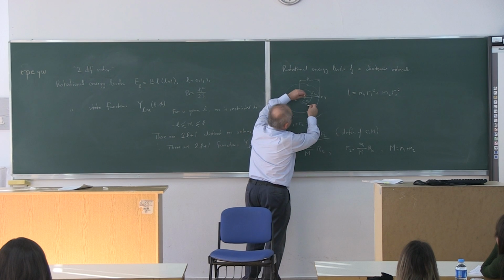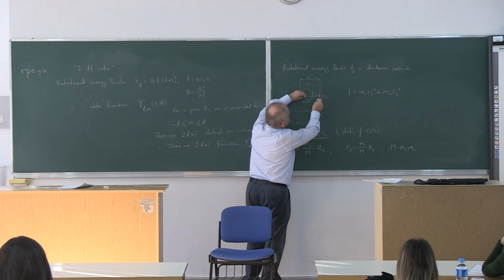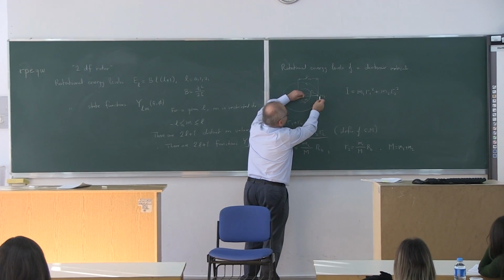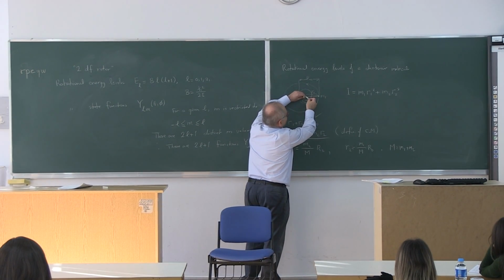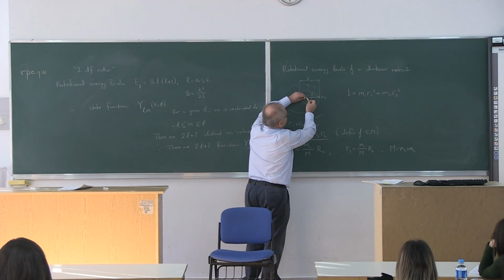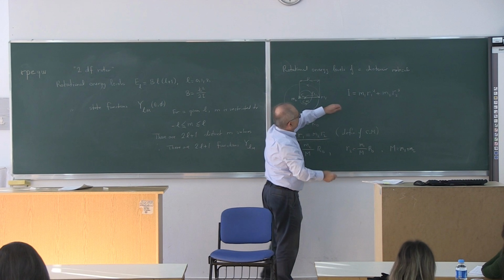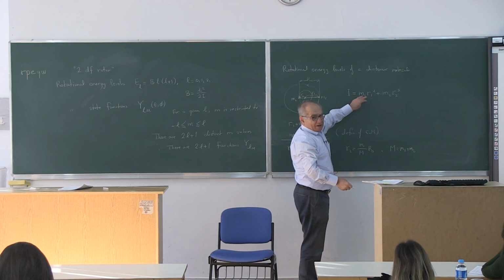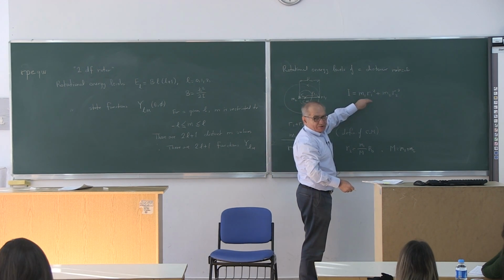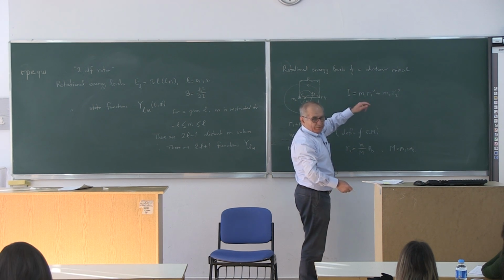So here, because the axis of rotation is the z-axis, the distance of mass 1 from the z-axis is R1, and that of mass 2 is R2, and it's a sum. Mass 1 times perpendicular distance squared.